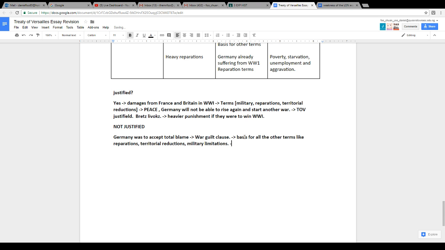Now, why is this war guilt clause unfair? Because number one, Germany was not even invited to the peace talks. Okay? Number two, Germany felt betrayed by the Weimar politicians who went in and signed the treaty.